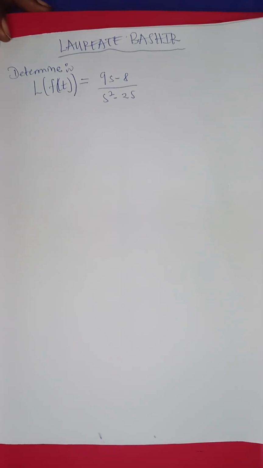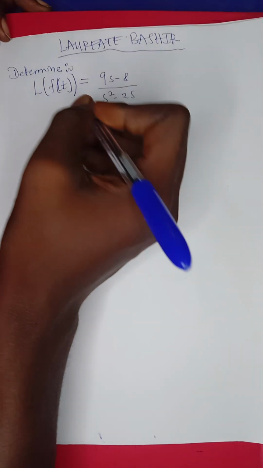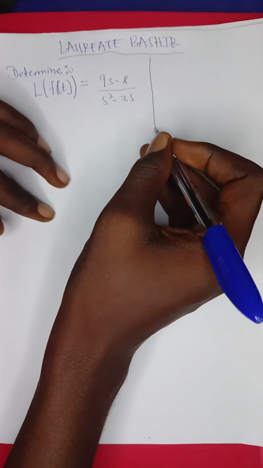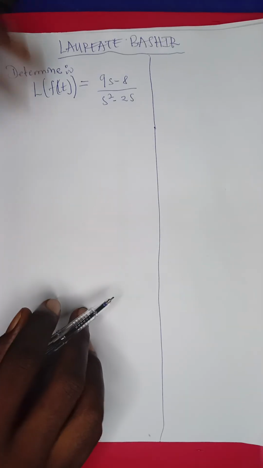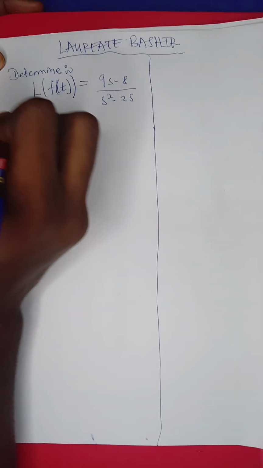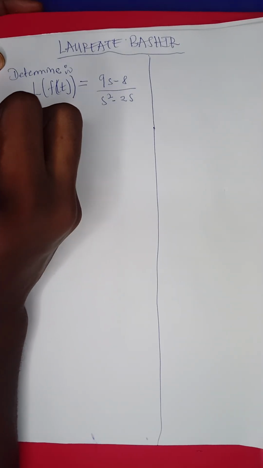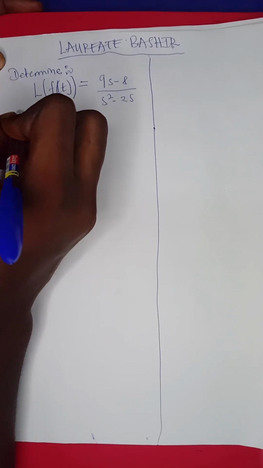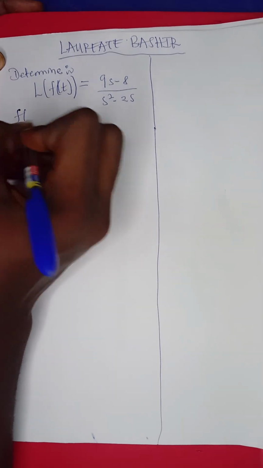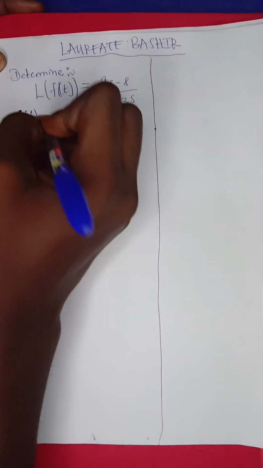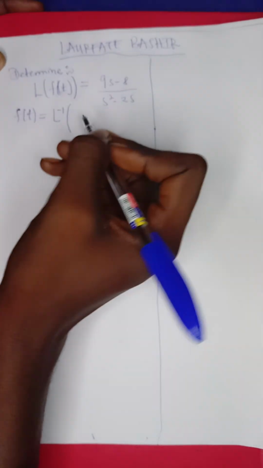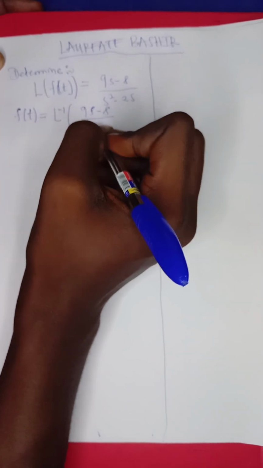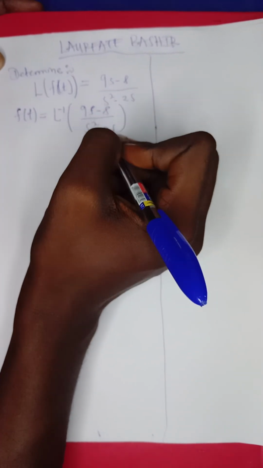Okay, let me do it like this. The Laplace f of t is the same thing as saying Laplace inverse of 9s minus 8 over s squared minus 2s.